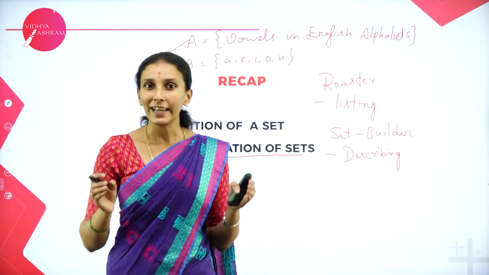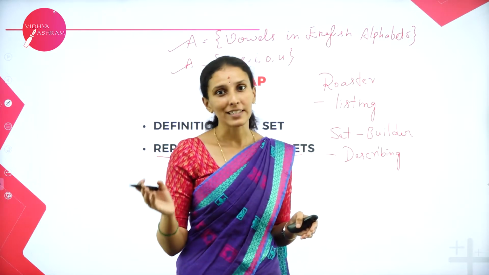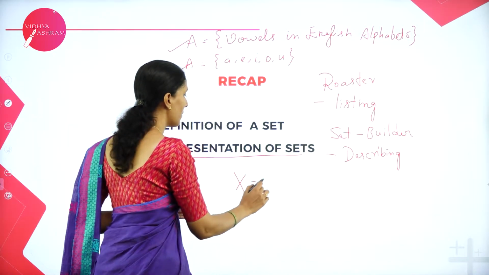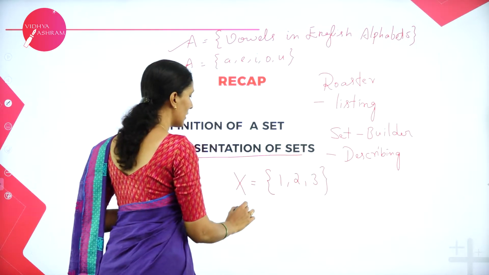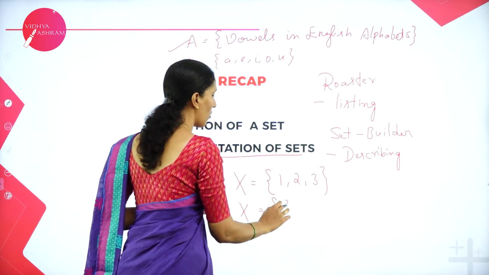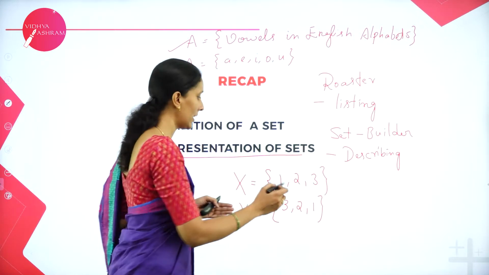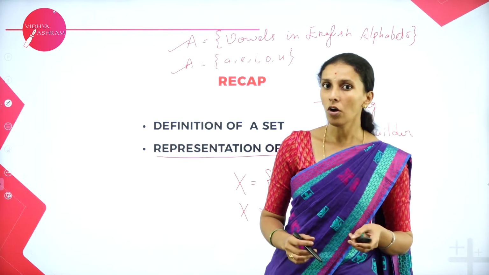Do not repeat any letters inside the set. Also, order of the set doesn't matter. For example, if you have elements like 1, 2, 3, you can write this in another form, 3, 2, 1. So the order is not important here. The thing is you should write all the elements inside the set. Don't worry about the order.